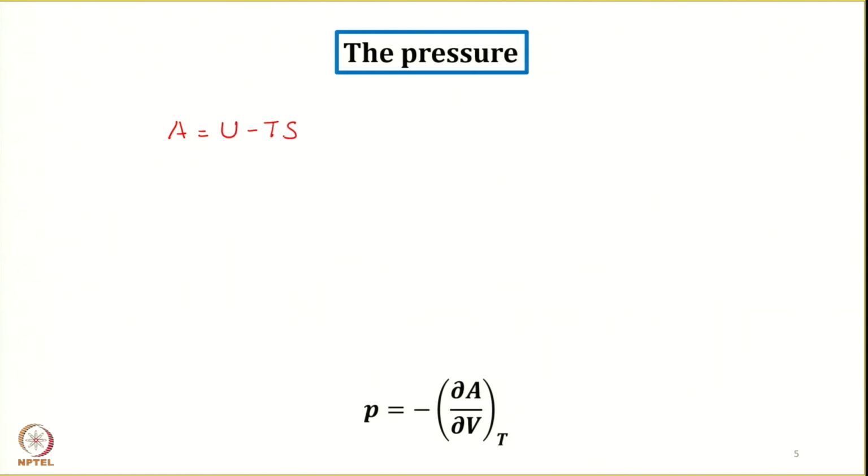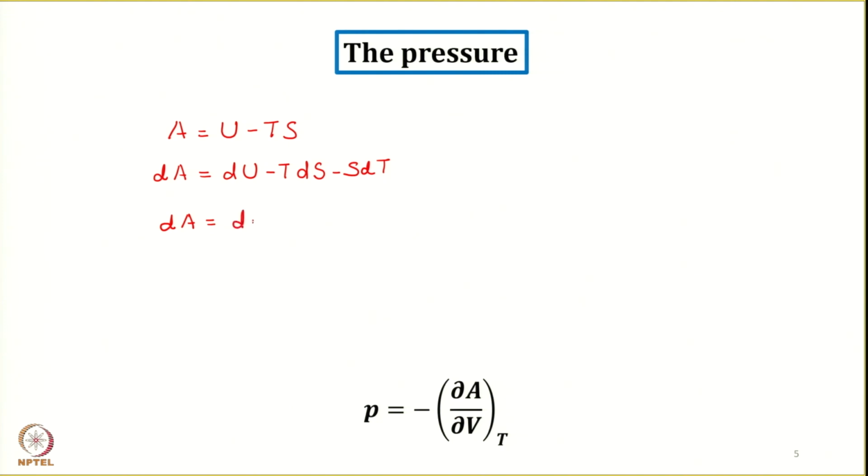Let there be some advancement in the reaction. So, change in Helmholtz energy will be equal to dU minus TdS minus SdT. I am not keeping temperature constant as of now. Proceed further, dA is equal to dU.